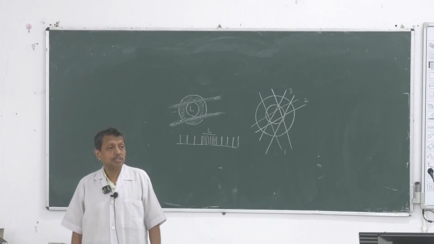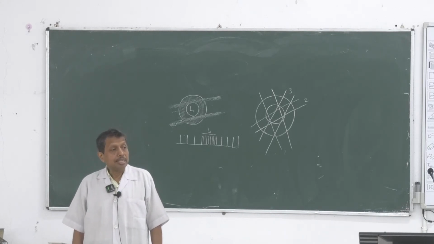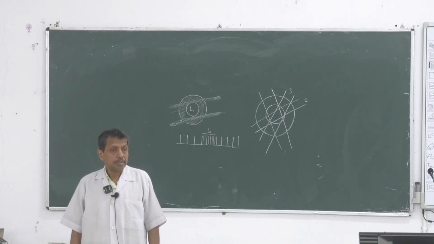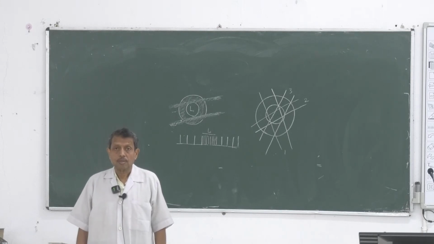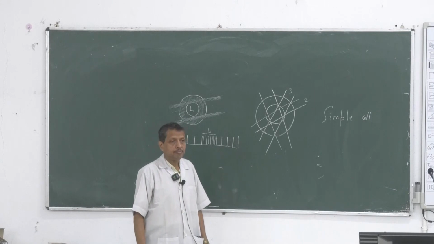Those are simple cells. There are simple cells and complex cells. In the case of simple cells, they have a preferred orientation and, to some extent, location. And they are different from this type of cells.